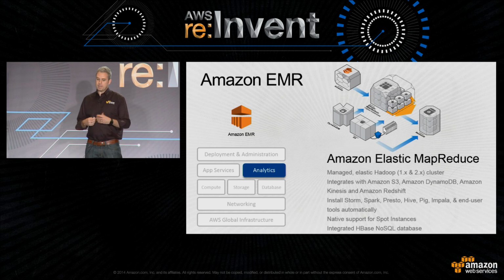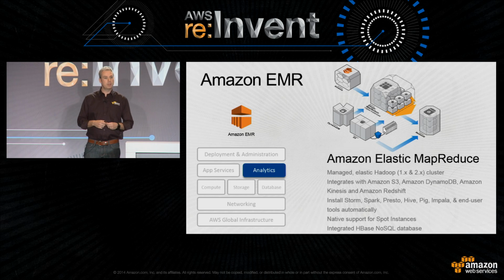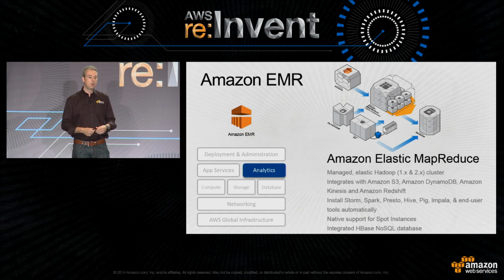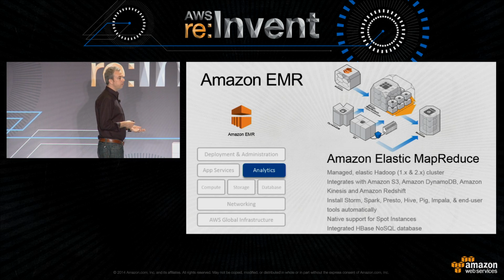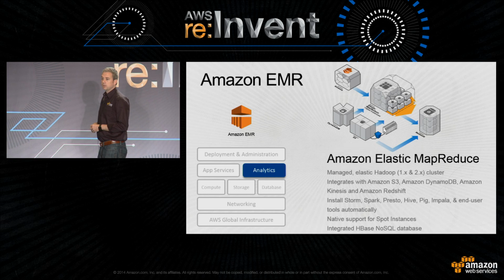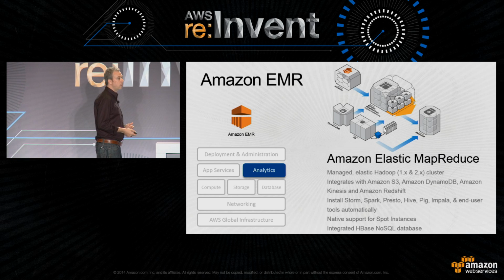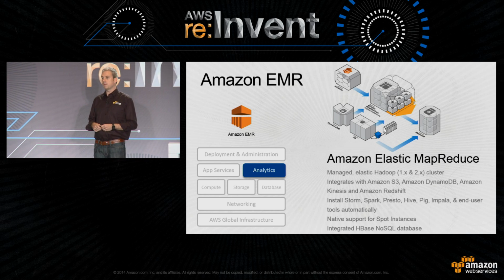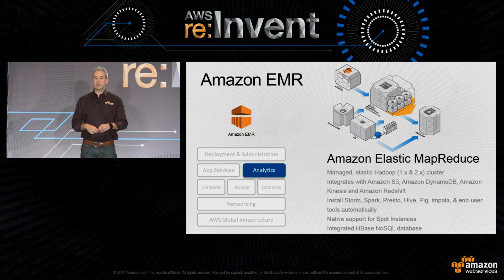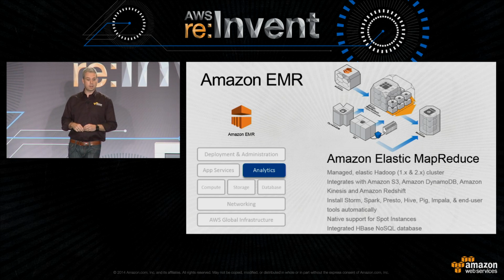So it is a managed Hadoop environment where we take responsibility for standing up the infrastructure, installing Hadoop, and giving it a high-performance network on which we then can run Hadoop 1, Hadoop 2, and tools that are built to run on top of the Hadoop ecosystem, including tools like Spark and Shark, Presto, and we'll talk in some detail about how you can build extensions on top of Elastic MapReduce that make Elastic MapReduce really an unlimitedly powerful parallel processing container.